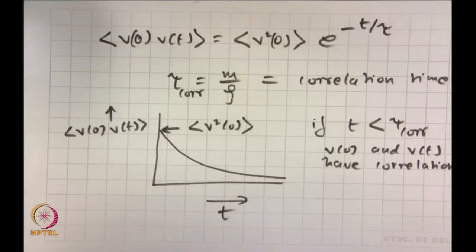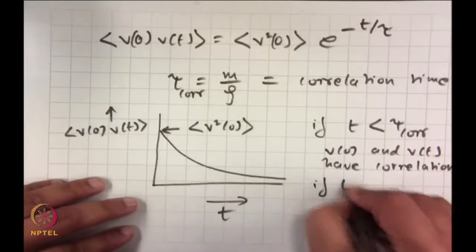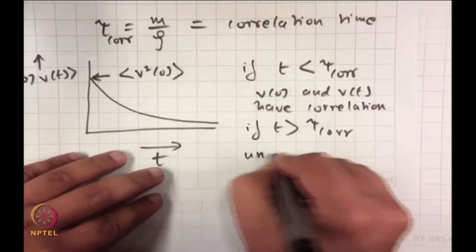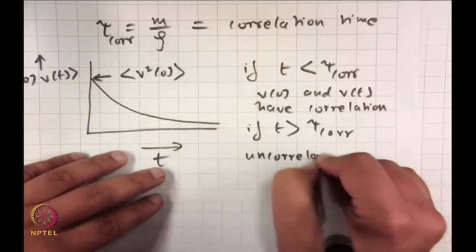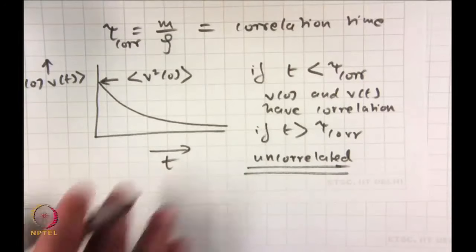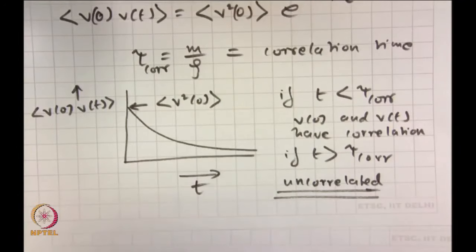However, if t is greater than tau correlation, what will happen? There is absolutely no correlation, it is totally uncorrelated now. So, if t is greater than tau correlation, velocities are uncorrelated, okay. So, this is the significance of correlation time.